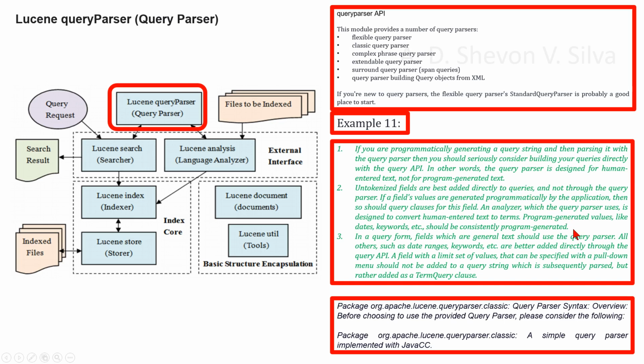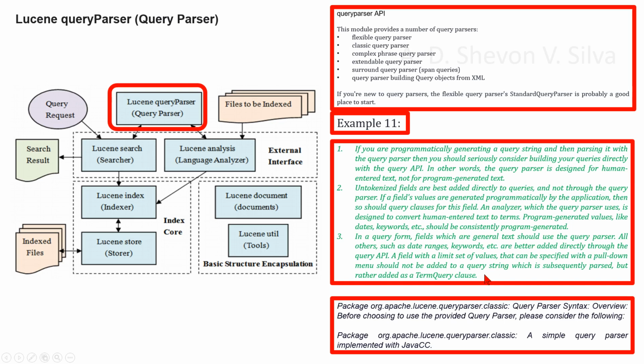Untokenized fields are best added directly to queries and not through the query parser. If a field's values are generated programmatically by the application, then so should query clauses for this field. The analyzer which the query parser uses is designed to convert human-entered text to terms. Program-generated values like dates, keywords, etc. should be consistently program-generated.